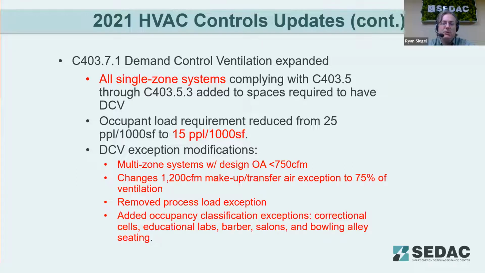These are areas where we're providing ventilation air generally for removal of VOCs and other pollutants beyond just the human occupants. And so that's part of the reason why they've added some of these exceptions.